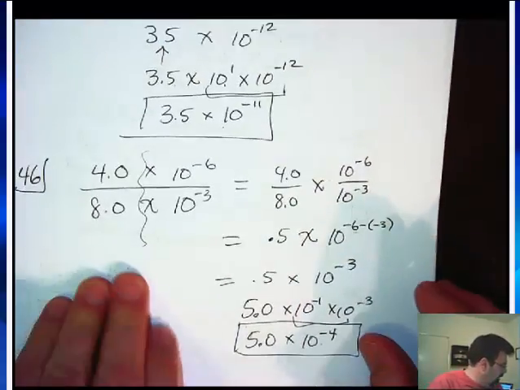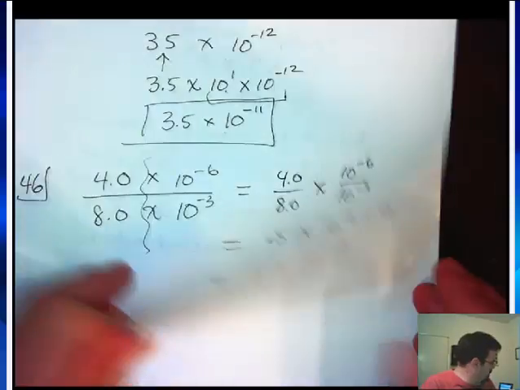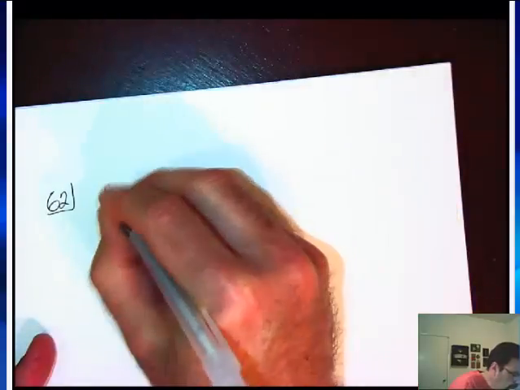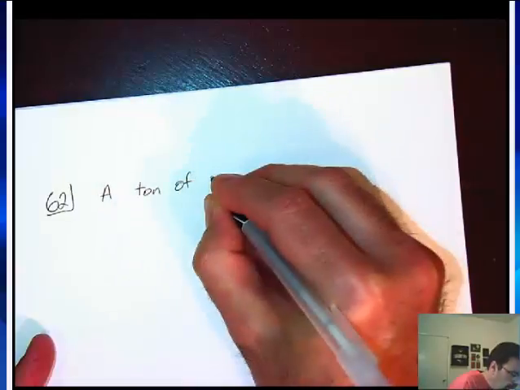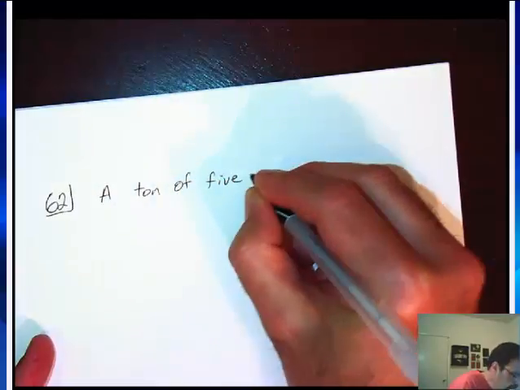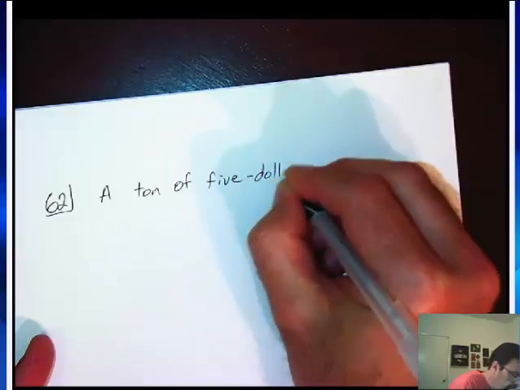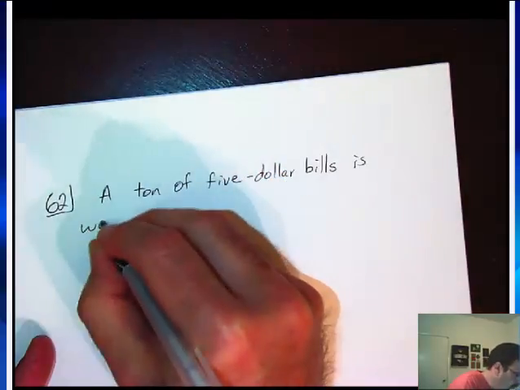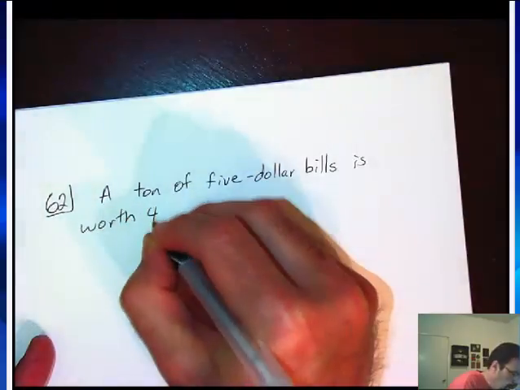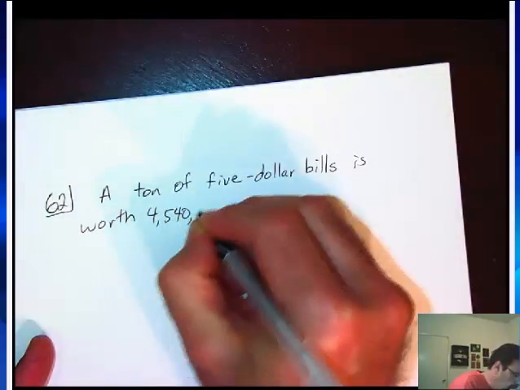All right, let's do a couple of word problem examples. So number 62 says a ton of $5 bills, so a ton would be 2,000 pounds, is worth $4,540,000.